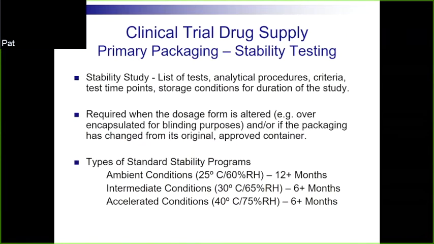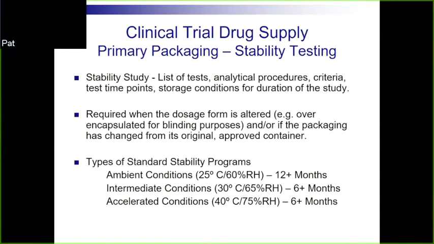So at the bottom here, you'll see different stability programs and the different conditions of stability programs. The ambient conditions or room temperature is what the long-term stability programs are run at.